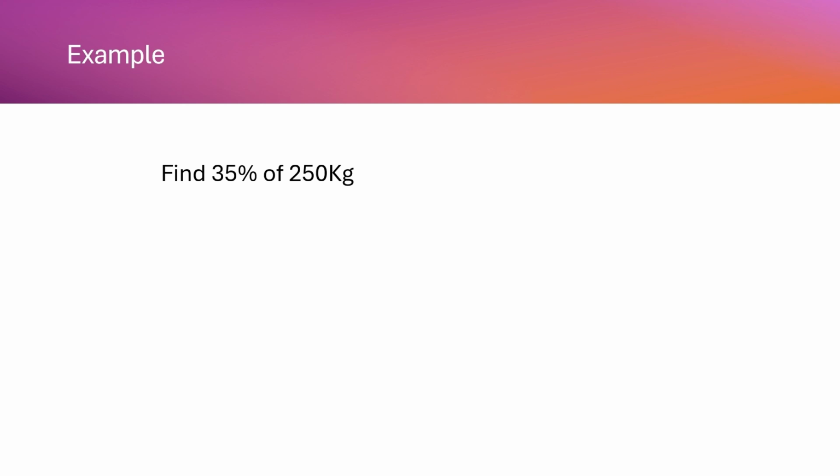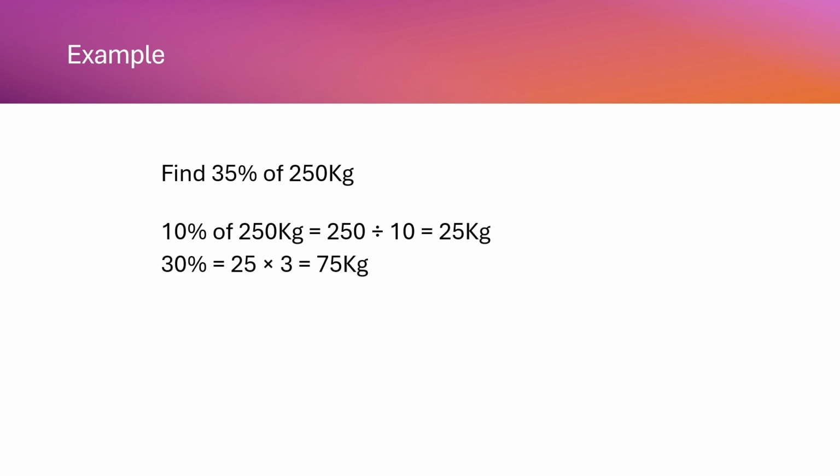So, using our method, 10% of 250 kilograms is 250 divided by 10 equals 25 kilograms. Then, 30% is 25 times 3 is equal to 75 kilograms. 1% of 250 kilograms is 250 divided by 100 equals 2.5 kilograms.